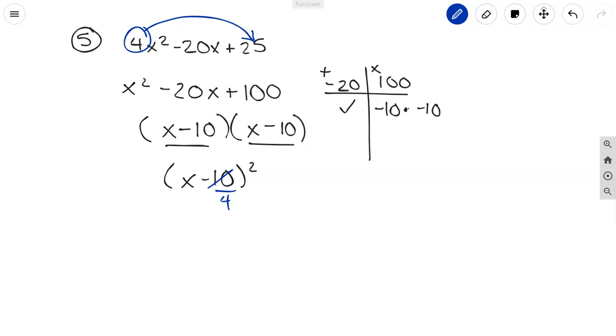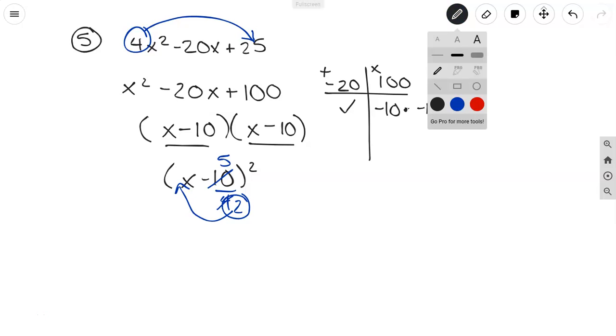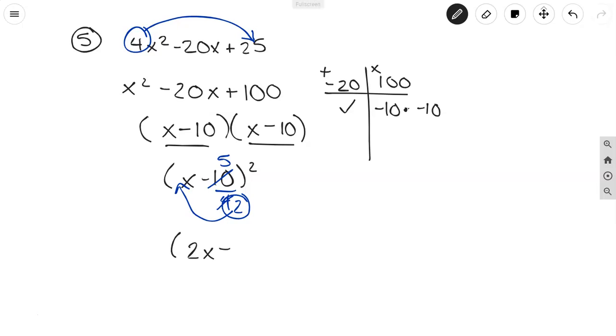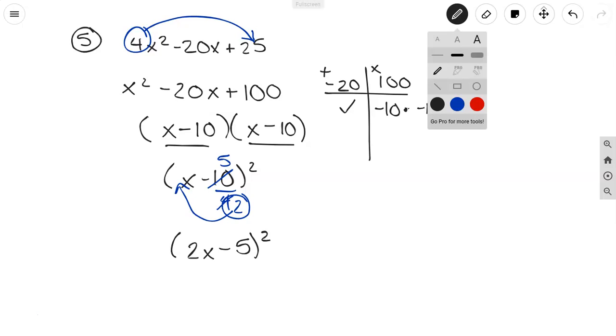So I'm going to simplify my 10. 10 divided by 2 is 5. And my 4 divided by 2 is 2. So 10 over 4 is the same as 5 over 2. Which means I gotta bring that to the front, because I'm not gonna have a fraction in my answer. So I write 2x minus 5 squared as my answer.